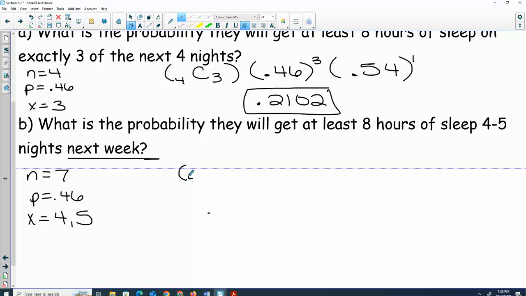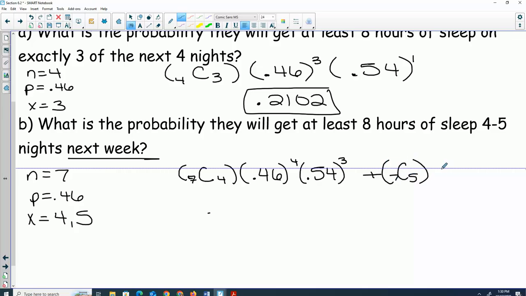So we have 7 choose 4, 0.46 to the 4, 0.54 to the third, and 7 choose 5, 0.46 to the fifth, 0.54 squared. You're welcome to put the whole thing in at once or break it in pieces.